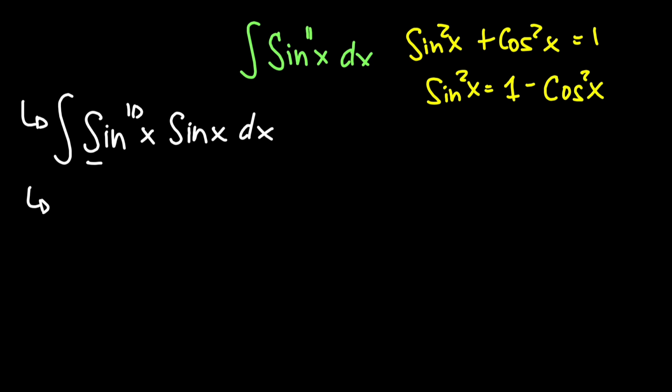Since what we need here is only sine squared of x, compress it, thus making this sine squared of x, to the power of 5.